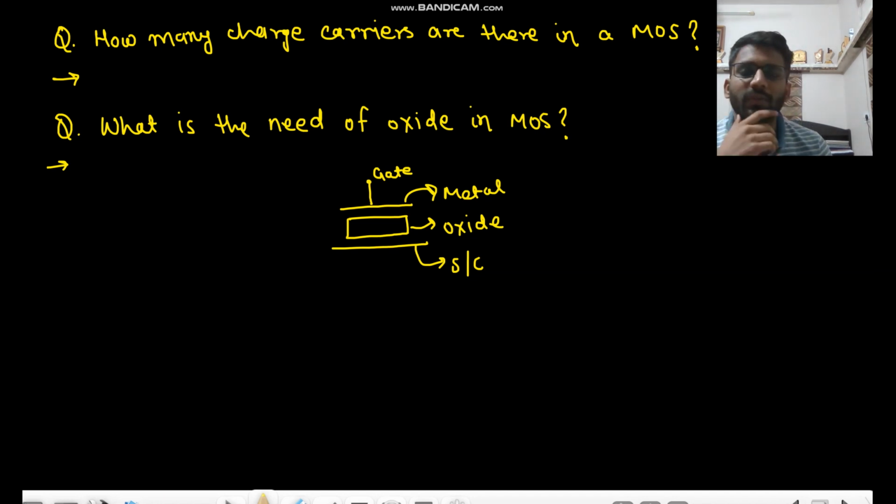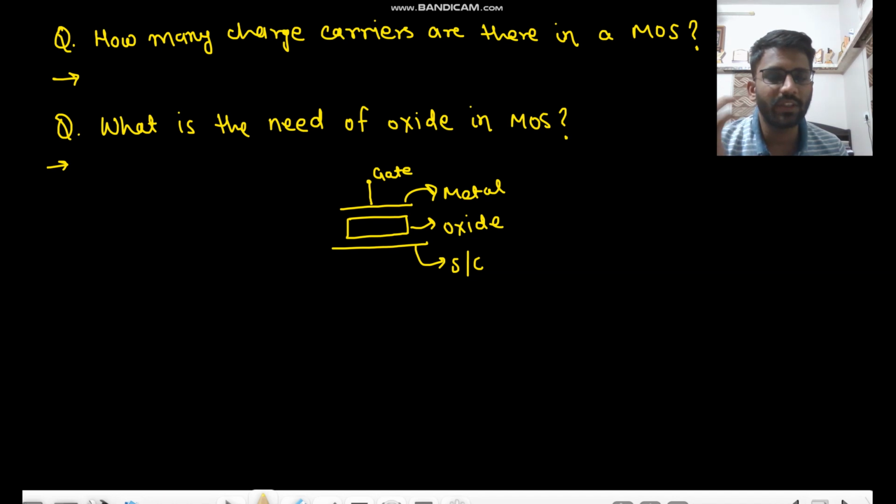So the first question is how many charge carriers are there in a MOS? You haven't studied BJT, but if you know a little bit about BJT, then you know that in BJT there are two charge carriers. If we consider NPN, there are electrons and holes. In PNP, electrons and holes are there.